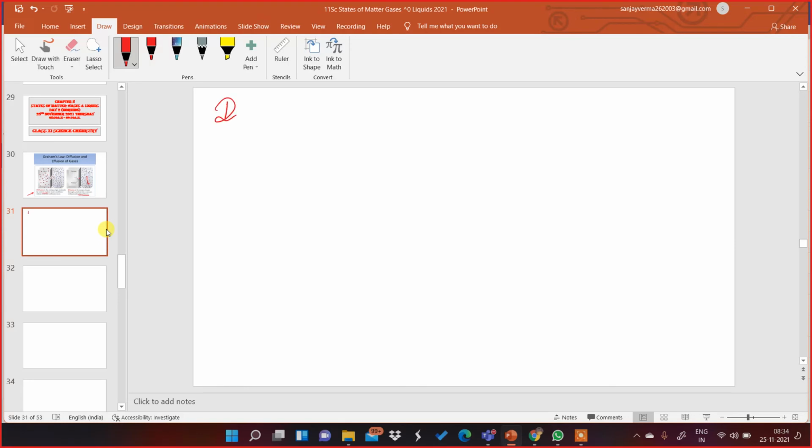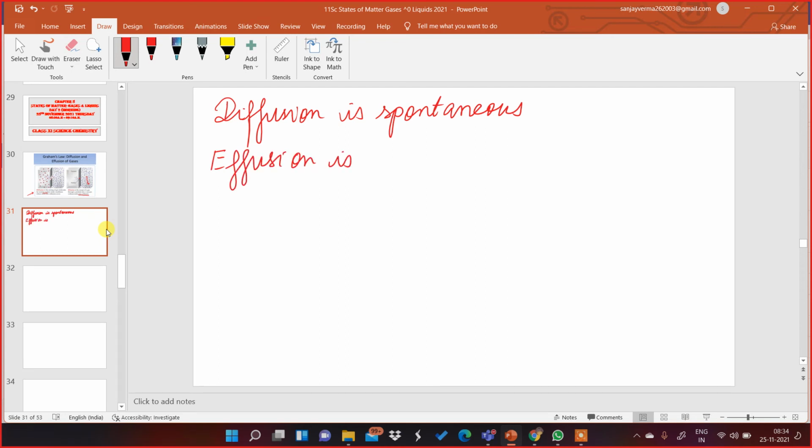Diffusion is spontaneous, whereas effusion is a gradual movement of gas molecules. Okay, so this must be very clear in your mind.